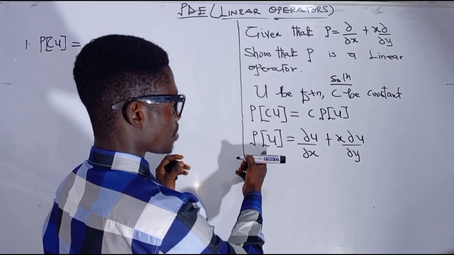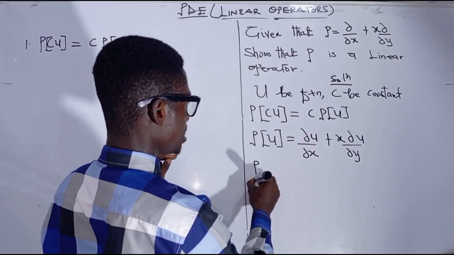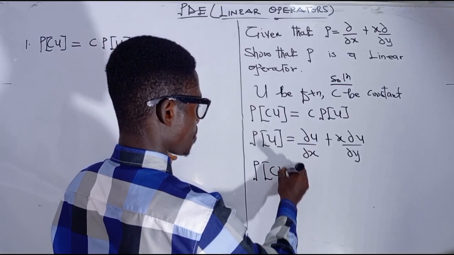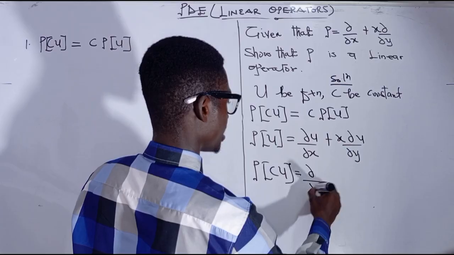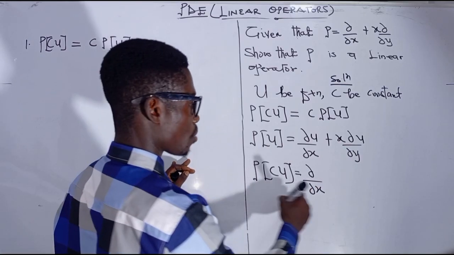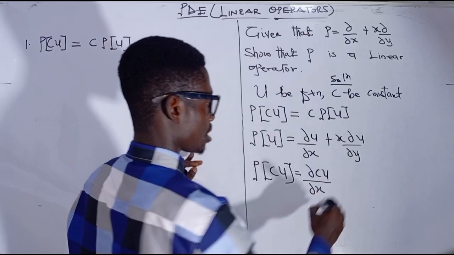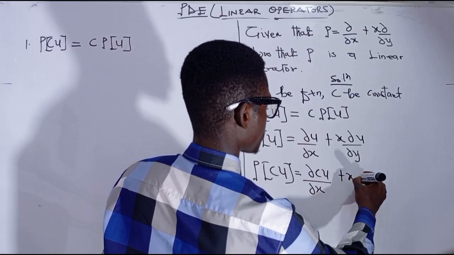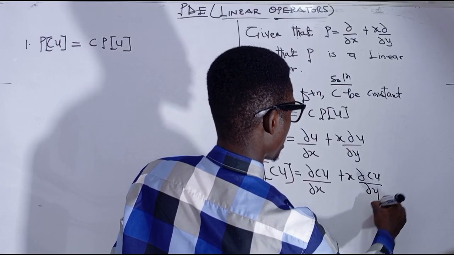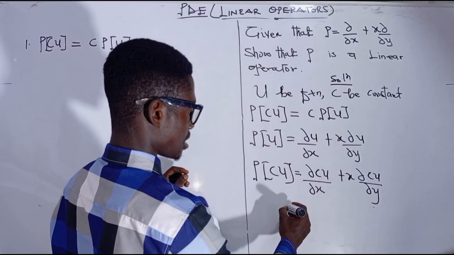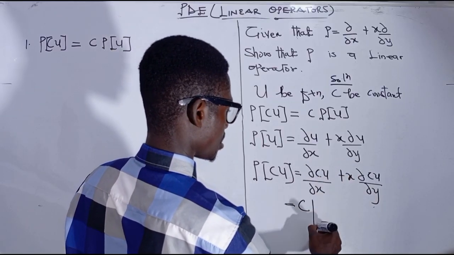So this is PU. Now once we are done with PU, we move on to the condition PCU. So P, we write what? The operator ∂/∂X. We attach the constant and then the function to the operator. So we have CU. Then we have plus X ∂(CU) all over what? ∂Y. Now from here, we can see that we have a C, and then C here, we can bring our C out.